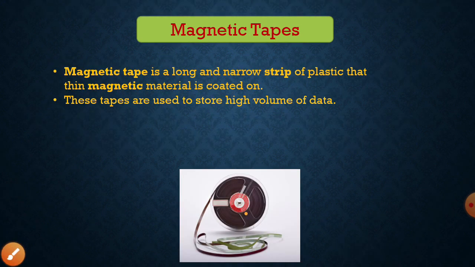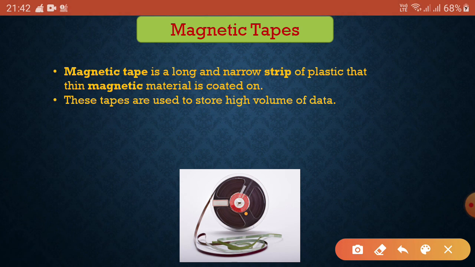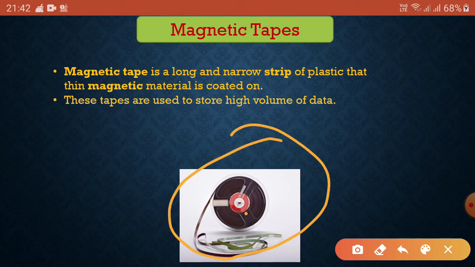Next, the last point is magnetic tapes. In the previous years, in the 80s and 90s, we used cassettes to store videos, audios. So it looks like that. There is a thin film, and this film is a type of magnetic material.